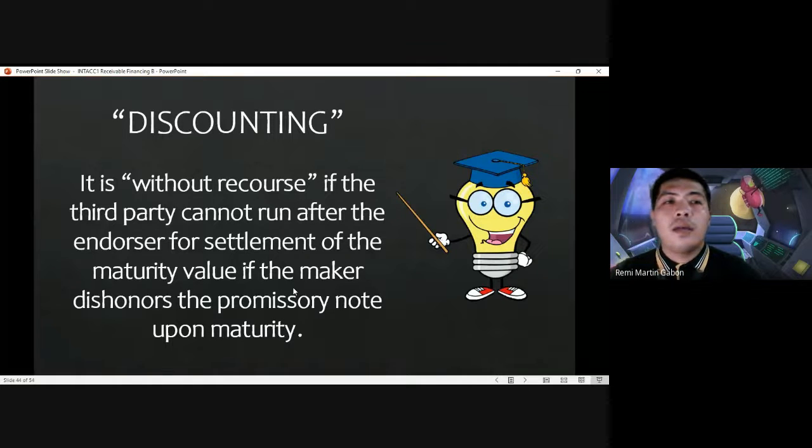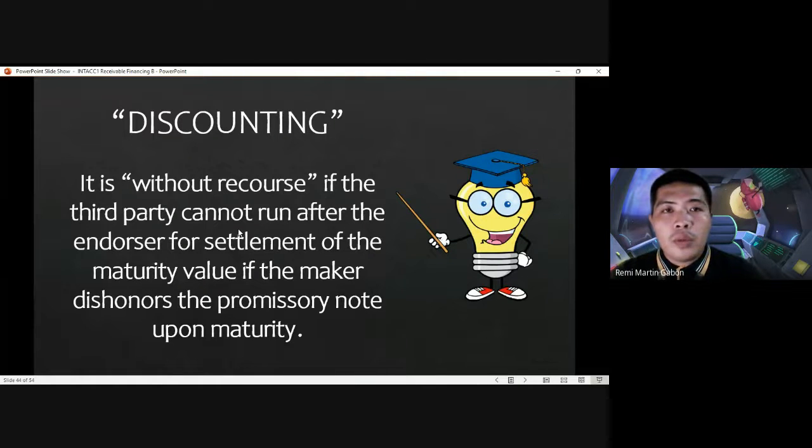Next, we have discounting without recourse. The only difference of discounting without recourse is that third party cannot run after the endorser for the settlement of the maturity value, should the maker dishonor the promissory note upon maturity.